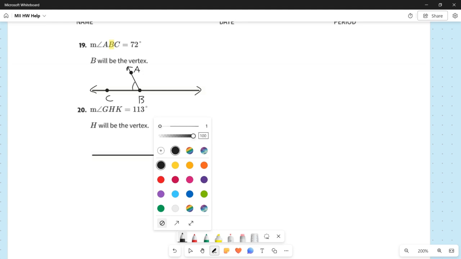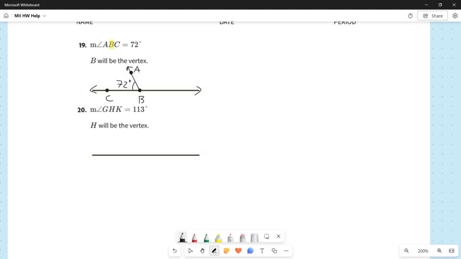And again, we're told that this angle here is 72 degrees, and we are looking for the supplement. So the supplement is this angle here. It says find the supplement, so we know that 72 degrees plus x degrees is going to give us 180 degrees.